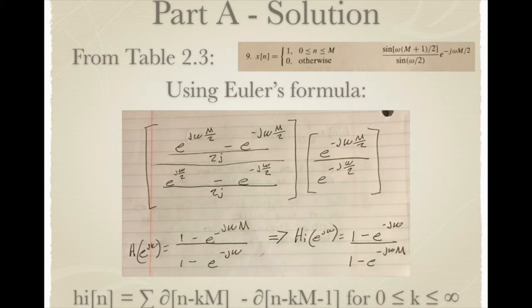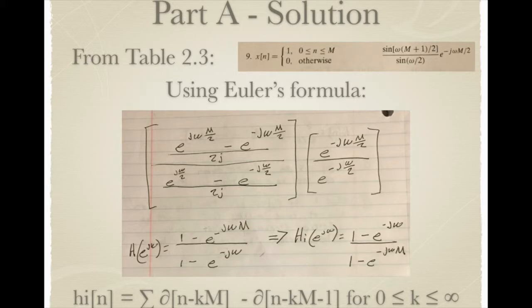And so the 2j's cancel, and on the right side you have e^(−jω(M−1)/2), because remember that we are plugging in M minus 1 from table 2.3.